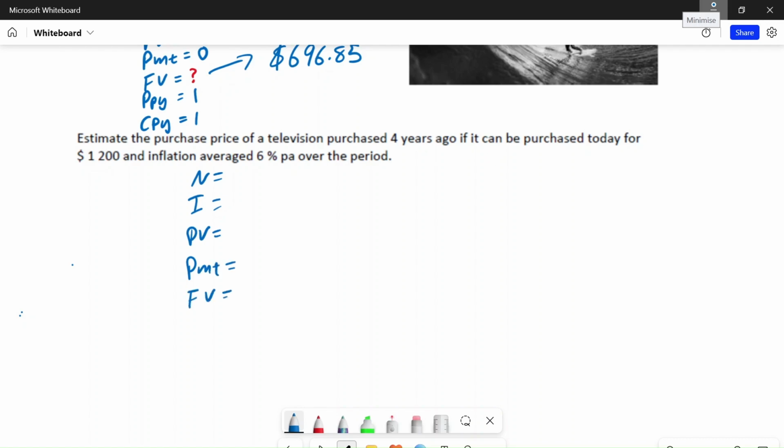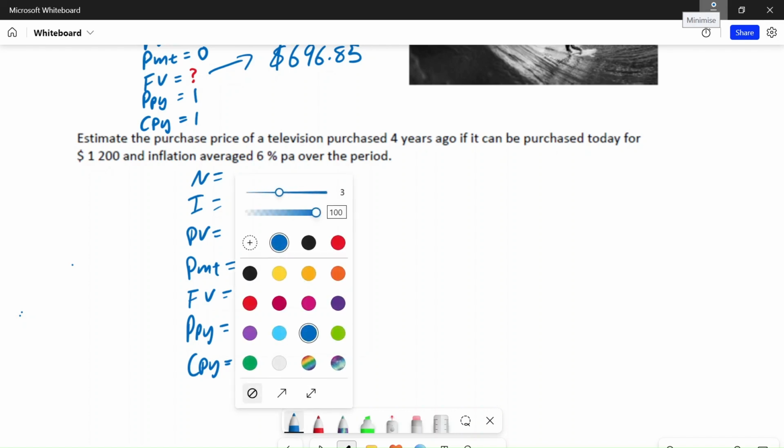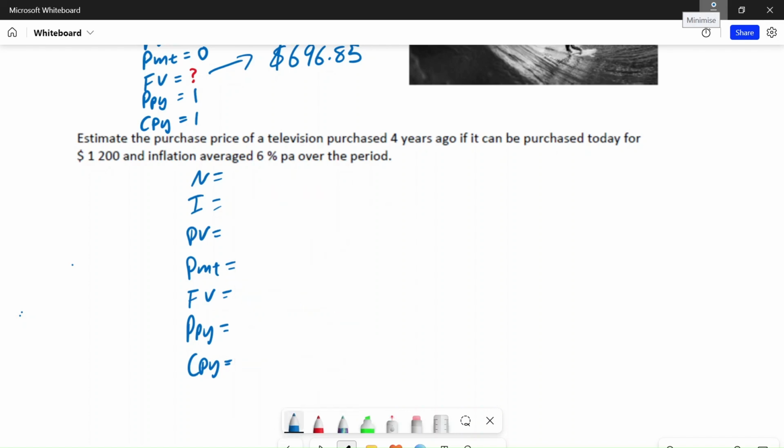Now you may have read this question and noted and understood that this time we're given the future value. So we're told that the surfboard, sorry, not the surfboard, it's a television this time, is going to be purchased for $1,200. All right. And we're asked, what did it cost 4 years ago? So things have switched on us here.